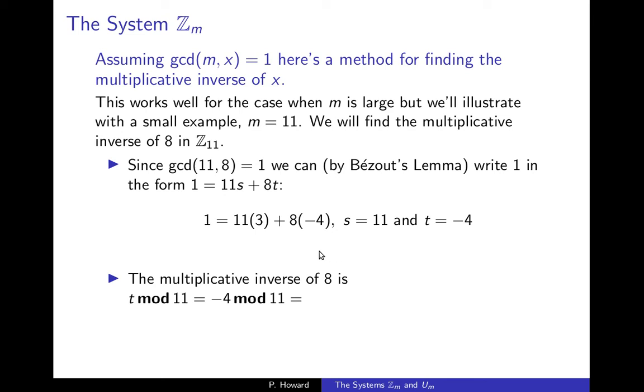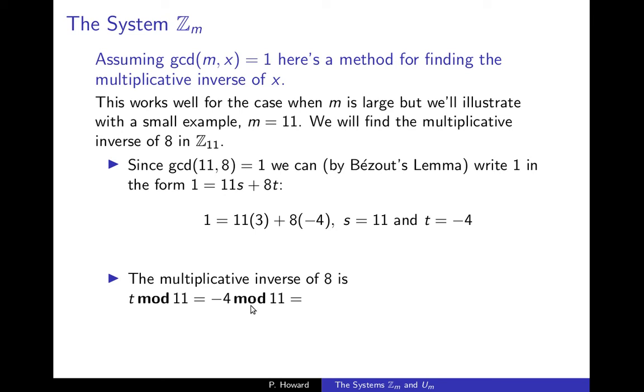The multiplicative inverse of 8 in Z11 is the value of t mod 11. So the t that you find, in our case it was minus 4, is what you use to find the multiplicative inverse of 8. You take t mod 11.